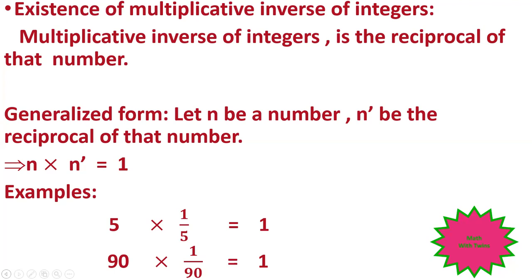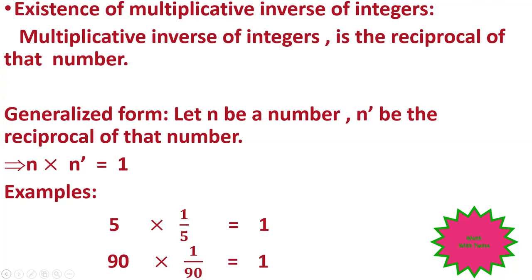When it comes to the reciprocal, 1 becomes the numerator and 5 becomes the denominator, which gives us 1 by 5. Then multiply 5 into 1 by 5. 5 and 5 get cancelled off, which results in 1. Thus, the identity is formed when we multiply.